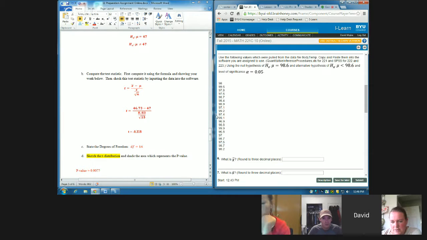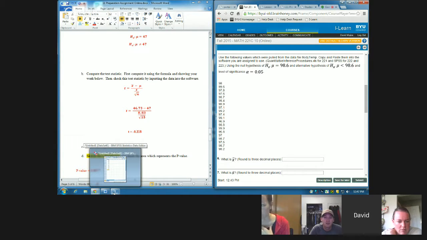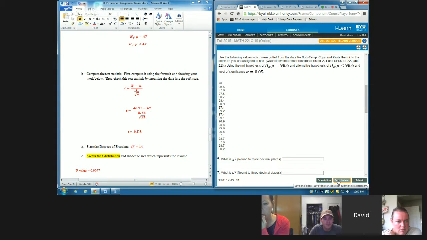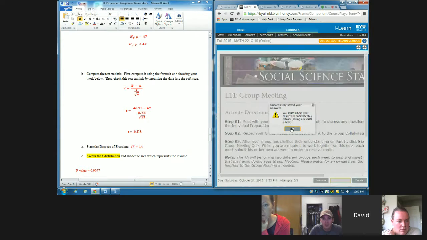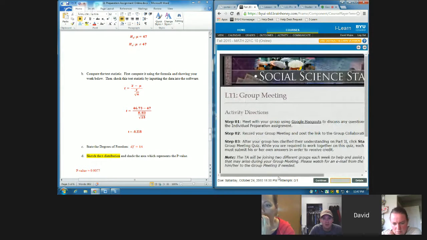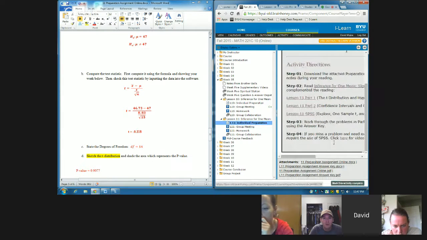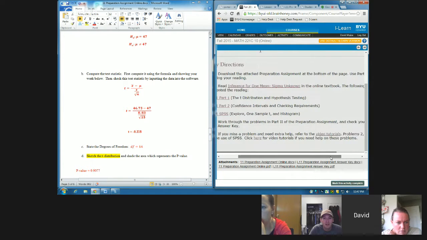Now we get to put some data into SPSS. You can get the data from the book. There's a link for it, and you can upload it directly. It'll automatically load. Where do you get the data? If you go to lesson 11 in the book, it will have a link for body temperature. Let me find where it's at.